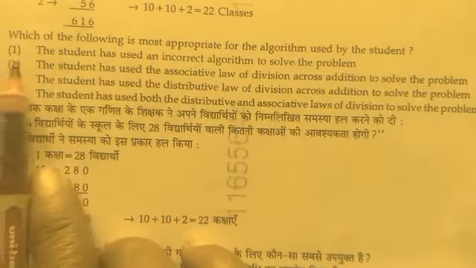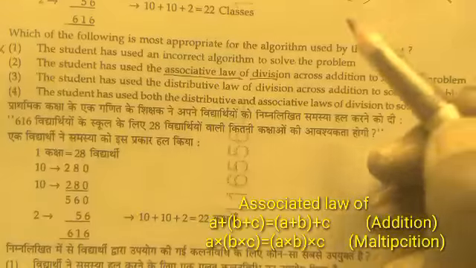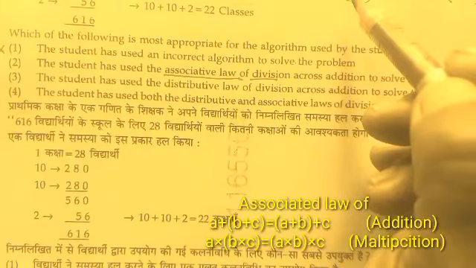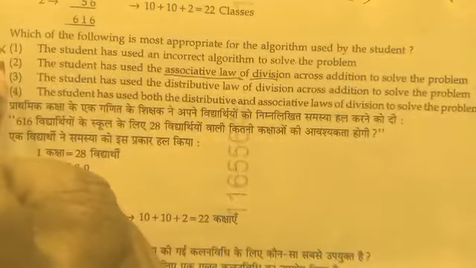A plus B plus C is equal to A plus B plus C. This is the associative law. We can use it for multiplication, but in division this is wrong. So third is our answer: the student has used the distributive law of division across addition. They distribute and add.